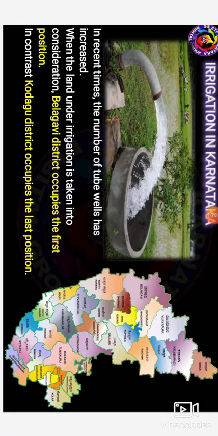In recent times, the number of tube wells has increased. When the land under irrigation is taken into consideration, Belagavi district occupies the first position. In contrast, Kodagu district occupies the last position.